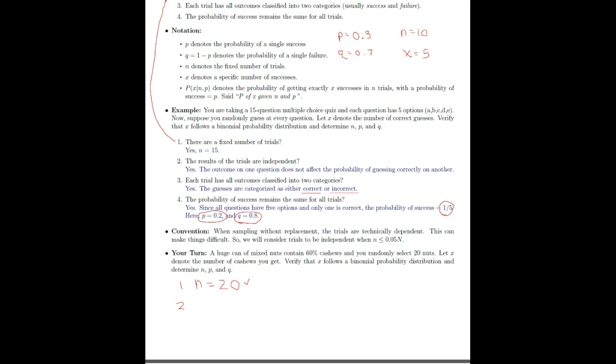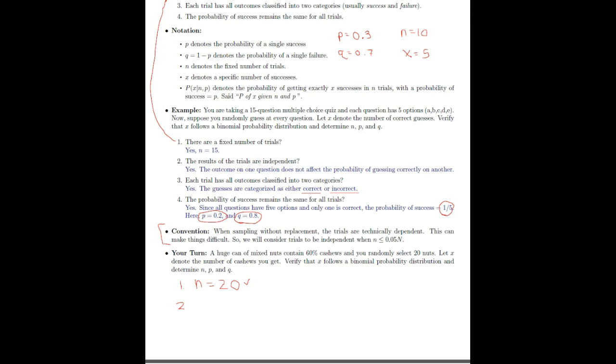2, is it independent or not? Well, actually, technically, it's not independent, because as you pull cashews out, there were 60% to begin with, so if you pull cashews out, you would expect that the remaining percent would now be less than 60%, and so on. So the only way we can get around this is using what we call that rule of cumbersome calculations that I mentioned in this convention up here.